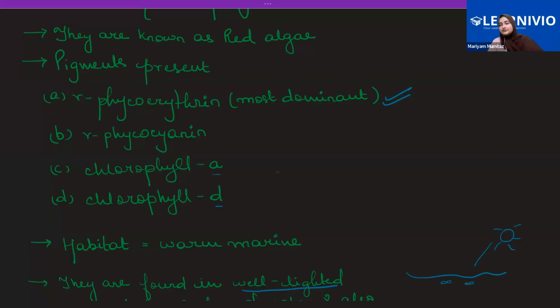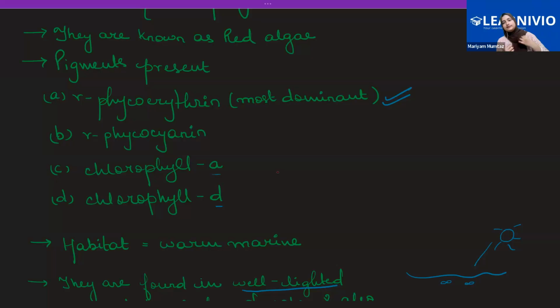Why? It's found in all of them, I think to produce their own food, that's why it's common. But chlorophyll D is also there. So why is chlorophyll A common to all of them?